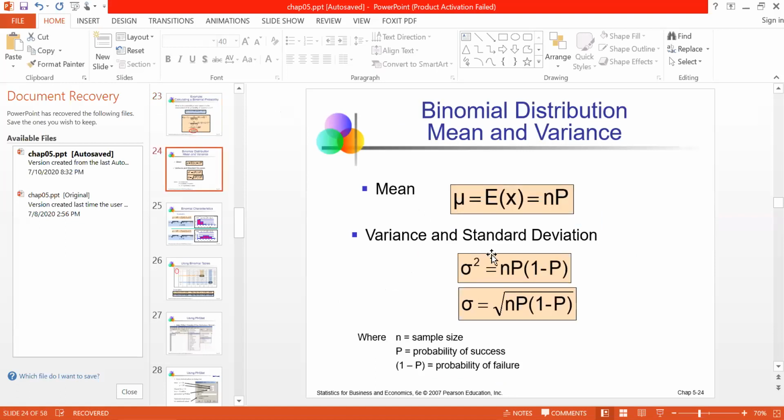In the next slide, we will see the mean and variance for binomial distribution. Remember that in Bernoulli distribution, mu was just p and the variance was p times 1 minus p. If you don't remember, you can go back to that video. We derived those formulas.